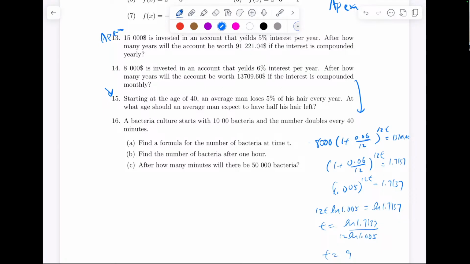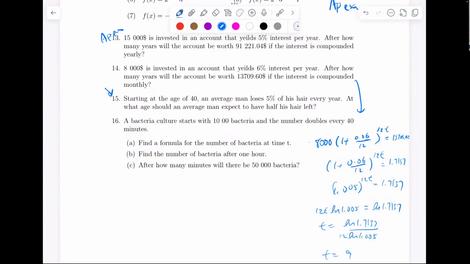So what number are you putting everything in? Is A the age the guy is when he has half his hair left?